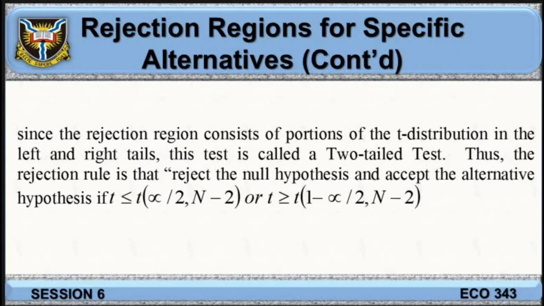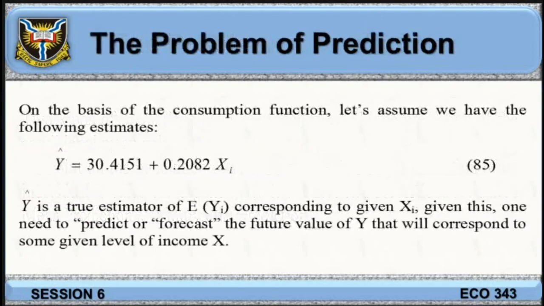The problem of prediction. On the basis of the consumption function, let us assume we have the following estimates: Y hat is equal to 30.4151 plus 0.2082 Xi, equation 85.